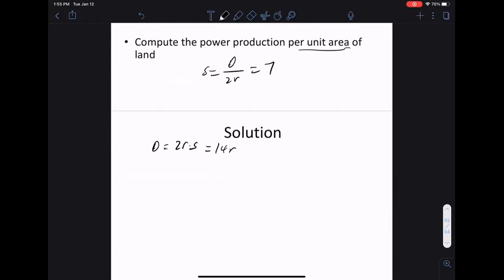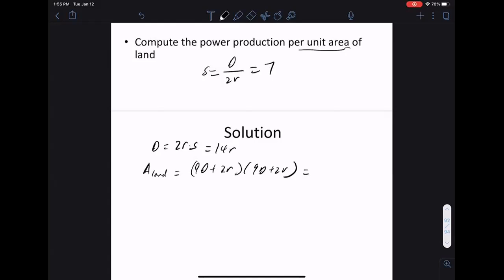This is the separation. So the total area of land required by this 10 by 10 array is 9D plus 2R, squared. This is the area of land I have.